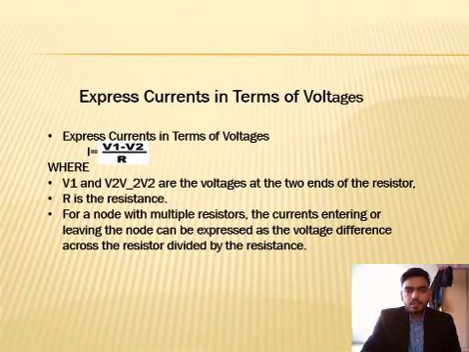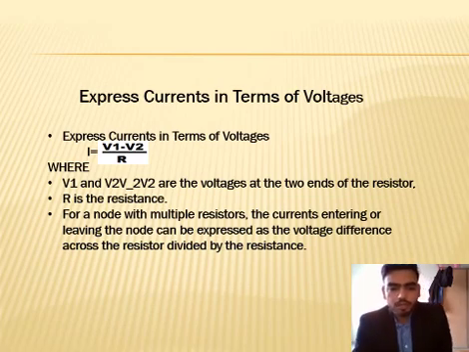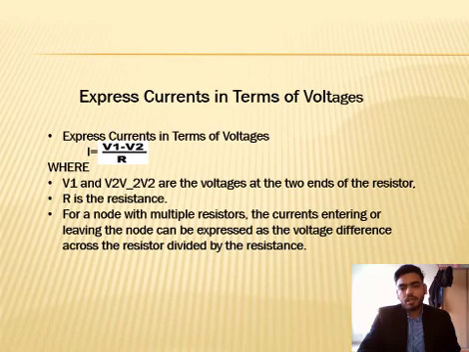Express the current in terms of voltage: I equals V1 minus V2 divided by R, where V1 and V2 are the voltages at the two ends of the resistance R. For a node with multiple resistors, the currents entering or leaving the node can be expressed as the voltage difference across each resistor divided by its resistance.